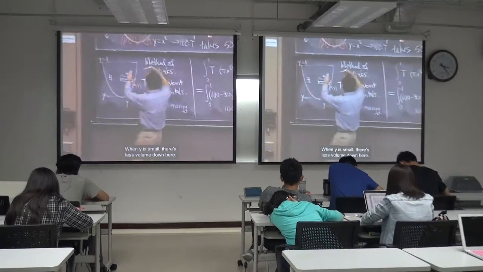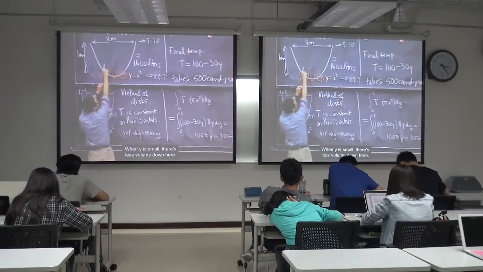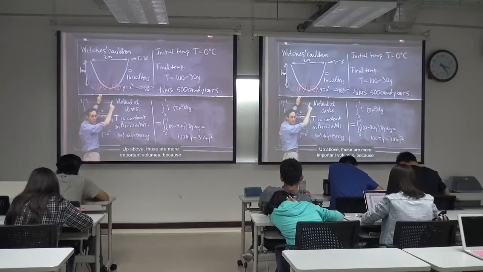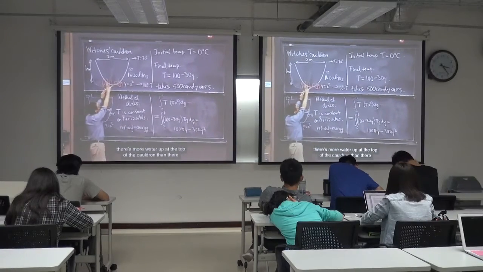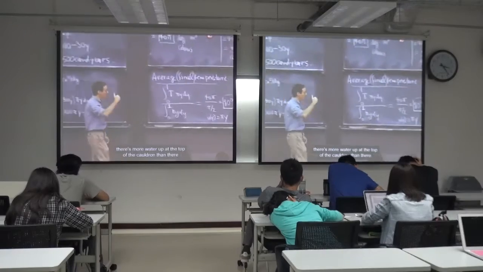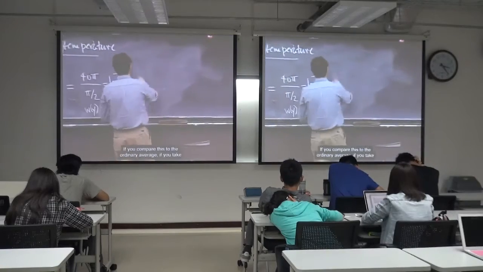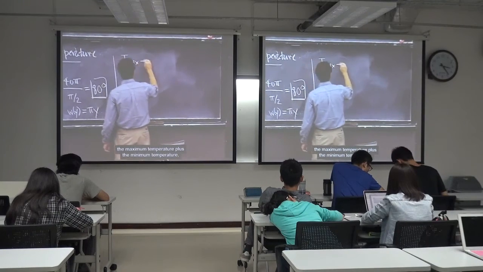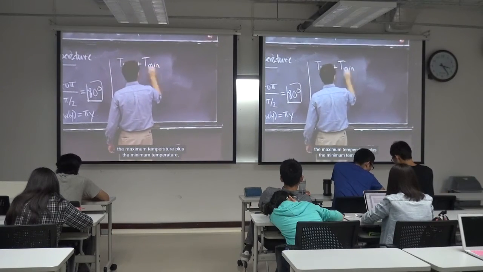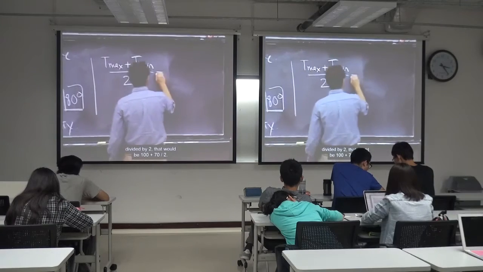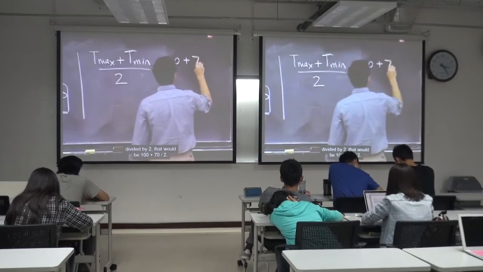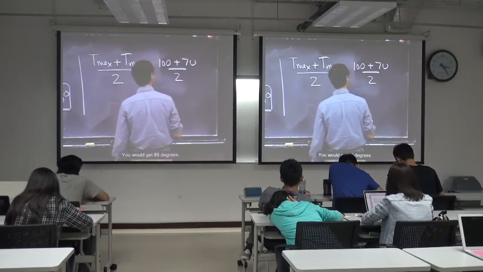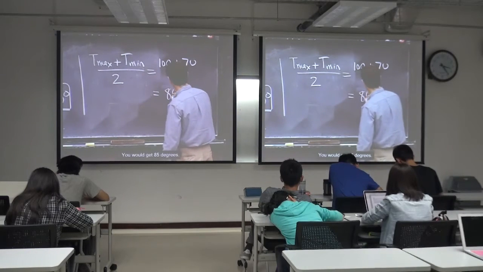That's not surprising. When y is small, there's less volume down here. Up above, those are more important volumes because there's more water at the top of the cauldron than at the bottom. If you compare this to the ordinary average, the maximum temperature plus the minimum temperature divided by 2, 100 plus 70 divided by 2, you would get 85 degrees.